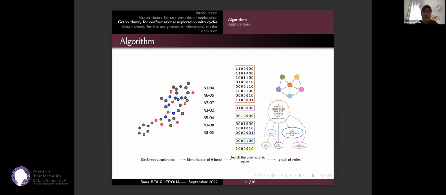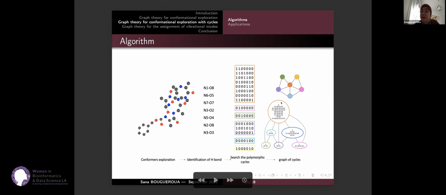We try to define the cycles that play the same role in the structure, and here what we do is merge those cycles based on a set of rules. For example, we will merge the cycles that have the same interaction with the other cycles, that share at least one atom, or that share at least one atom involved in a hydrogen bond, etc. And then we get at the end what we call a polymorphic graph.